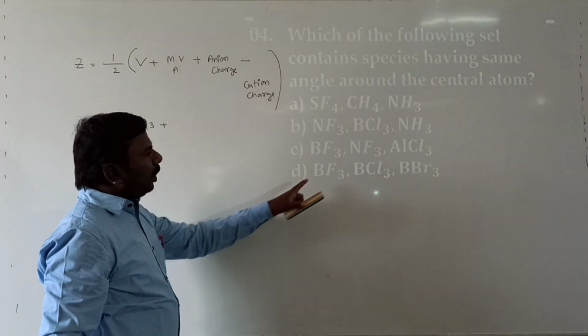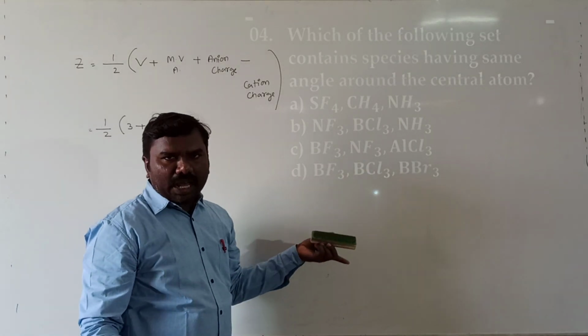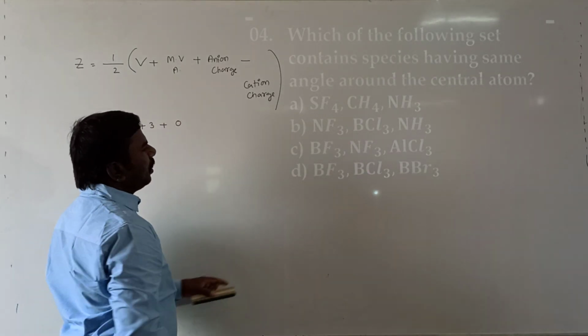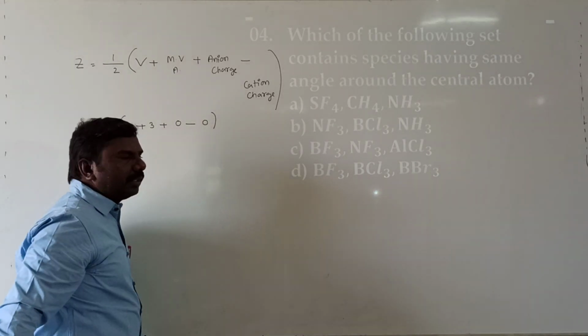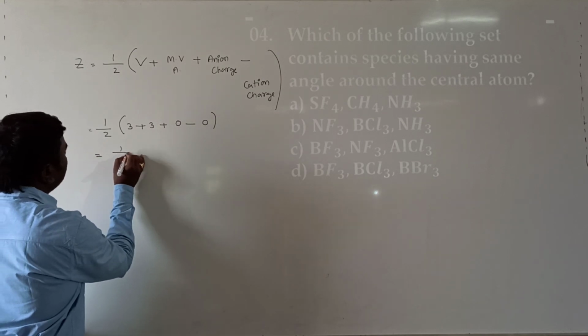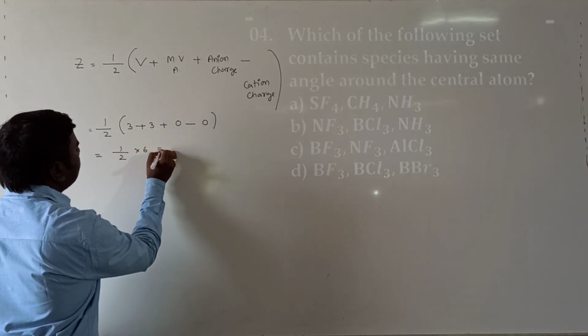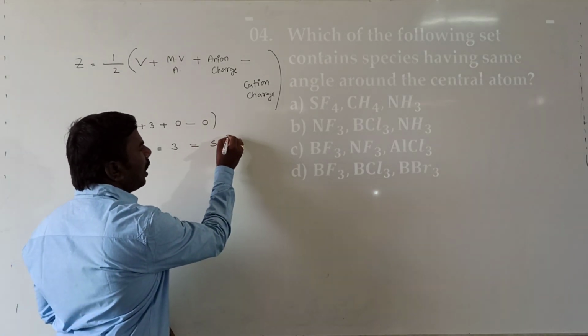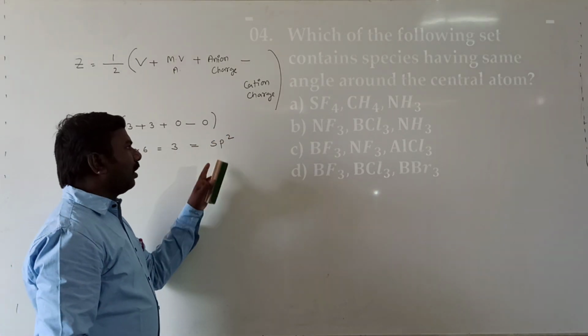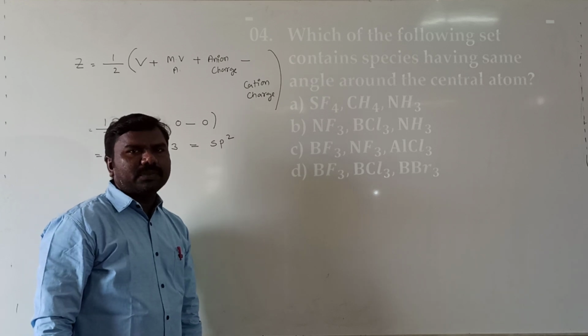Plus no negative charge, nothing but anion, that's why 0. No positive charge, that's why 0. Clear? Then half into 6 is equal to 3. 3 means sp2, one s and two p undergo sp2 hybridization.